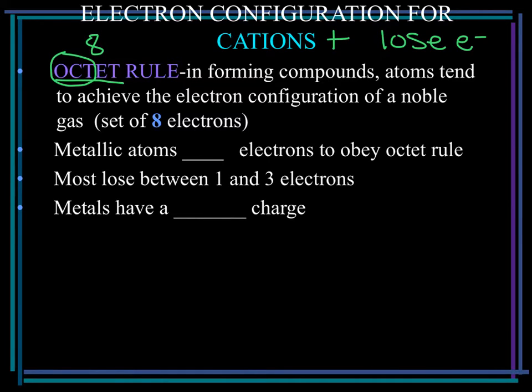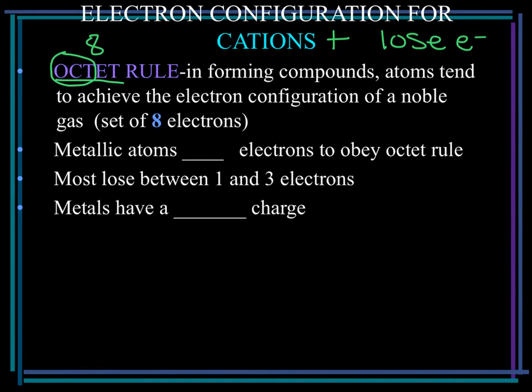All right, let's go ahead and fill in the blanks here. So let's follow our finger. Metallic atoms, okay, blank, electrons to obey the octet rule. So metallic atoms, the reason why it says metallic is because your cations, the ones that make positive charges, are metals, okay, metals, right?